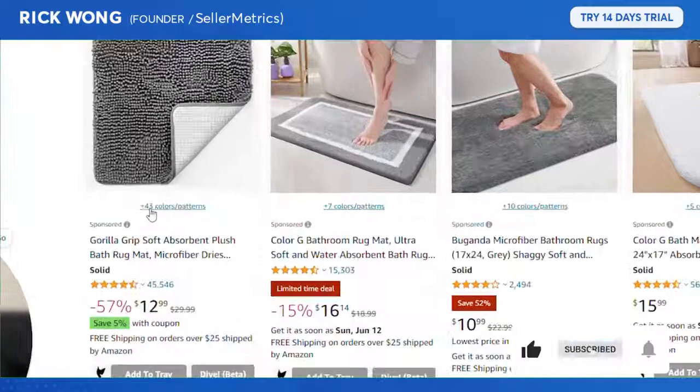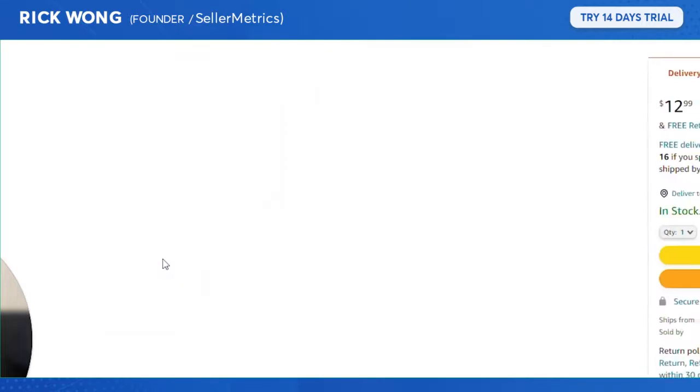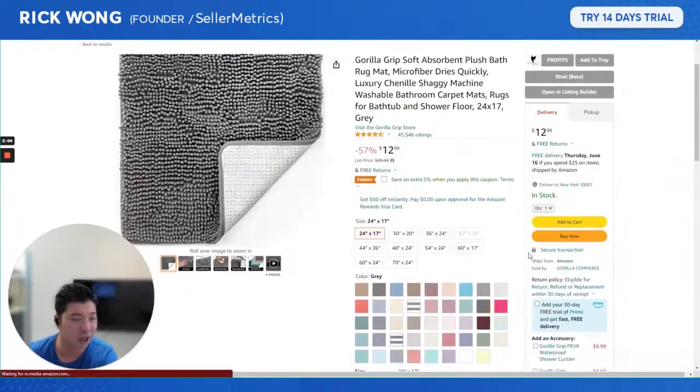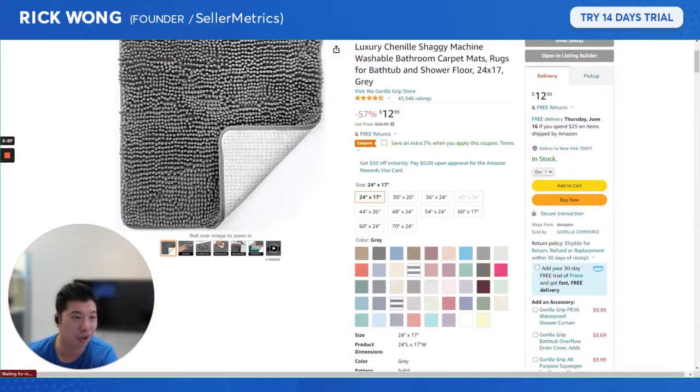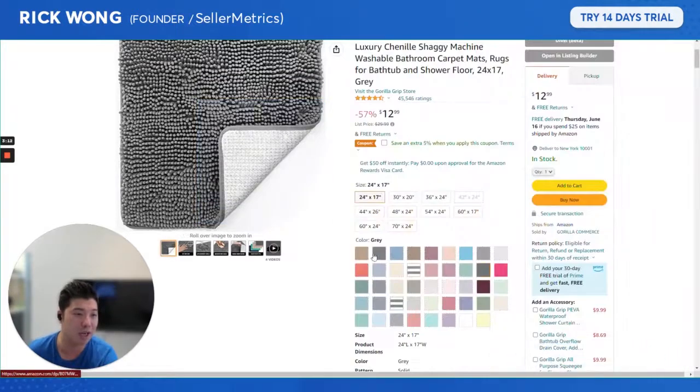So as you can see, 43 colors and patterns. I'm pretty sure they're advertising the variation with the cheapest price, with all the bells and whistles, the coupons, and the Prime discounts as well, probably. If I were to click on this, you can see the different variations that they have are definitely over the $12.99, right? So they use this particular product to get them in, right?